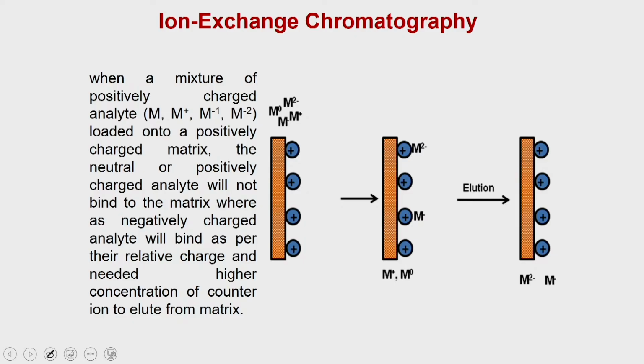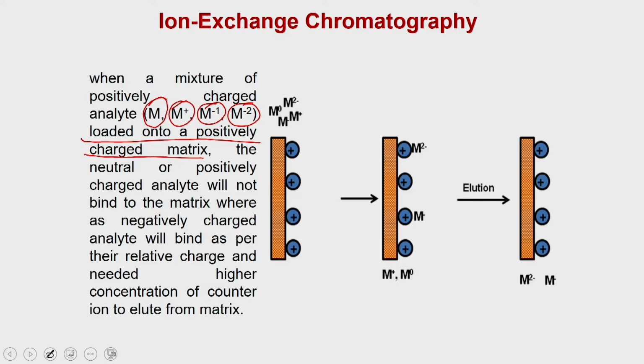Now, let us see how ion exchange chromatography separates proteins of different charges. In this example, we have a complex mixture of proteins which are M, M plus, M minus and M2 minus, and you have loaded this onto a positively charged matrix.